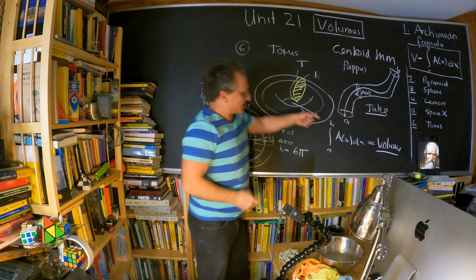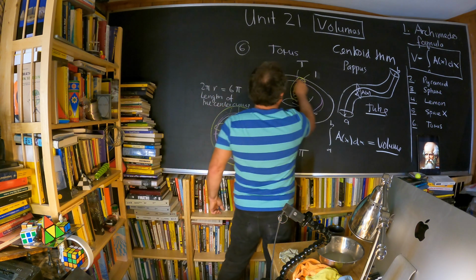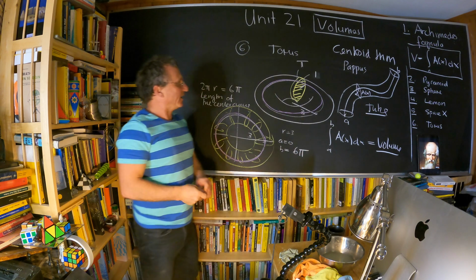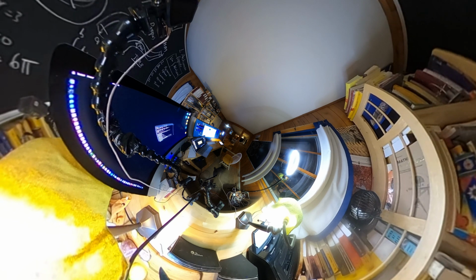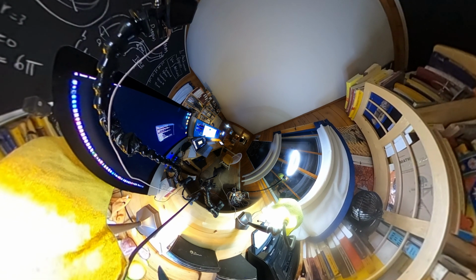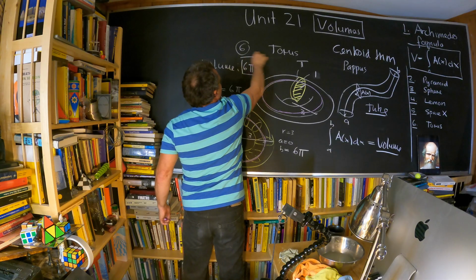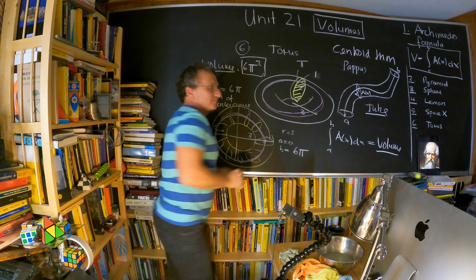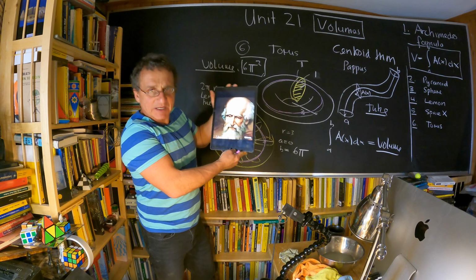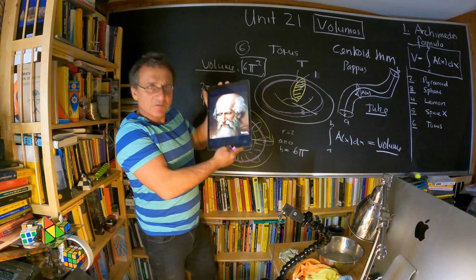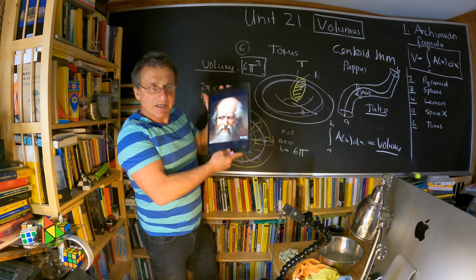So we know that this center curve has length 6 pi, so we have 6 pi squared for the volume. Let's thank Archimedes again for this beautiful formula, and that's it for today.